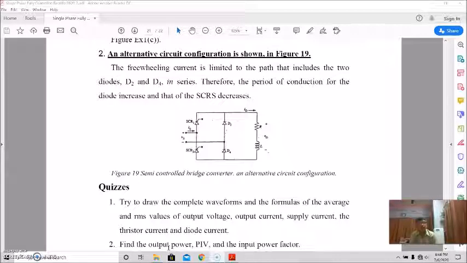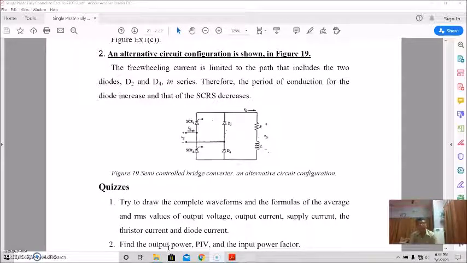Therefore the conduction period for the diodes increases, and that of the SCRs decreases. So this is the basic operational difference, otherwise everything will be the same.